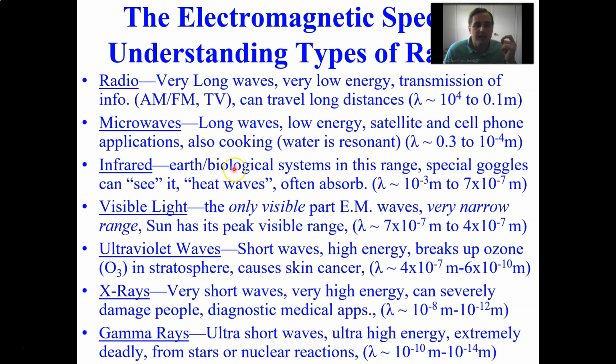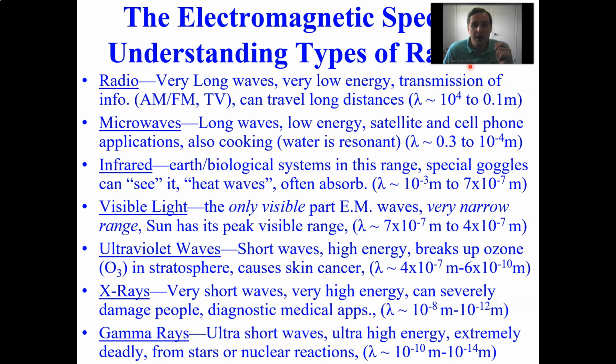Infrared, again, is absorbed by Earth or biological systems. The Earth, and by the way, even clouds, are also very good at absorbing infrared. By the way, infrared radiation is part of the reason for the so-called greenhouse effect and the effects we have as it relates to possible climate change.